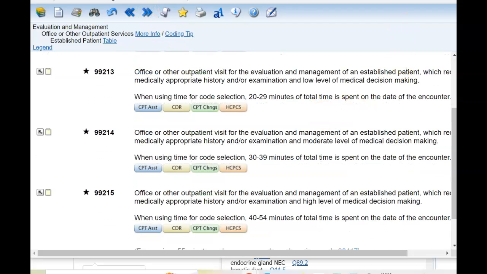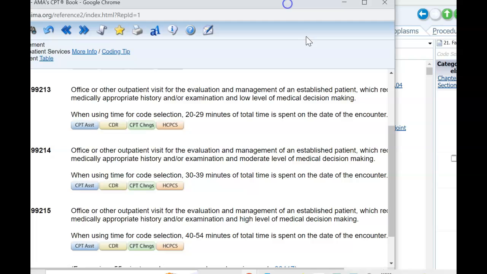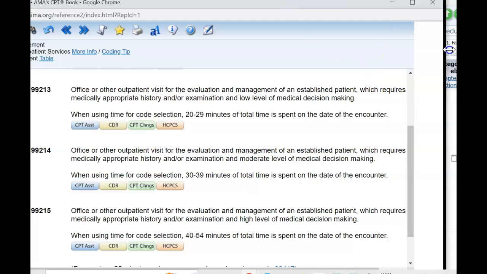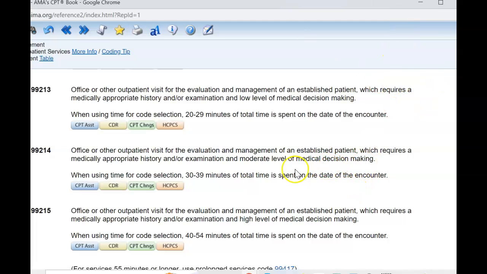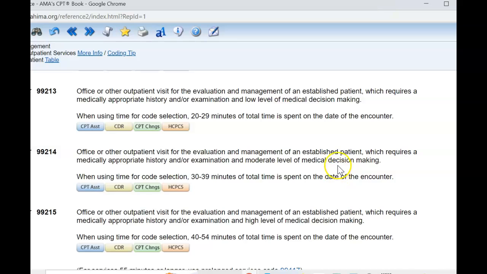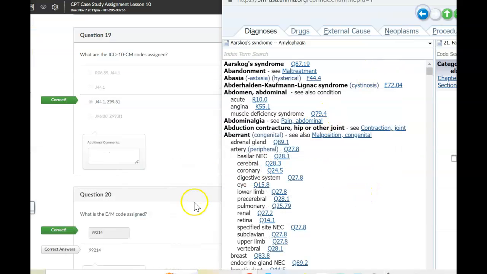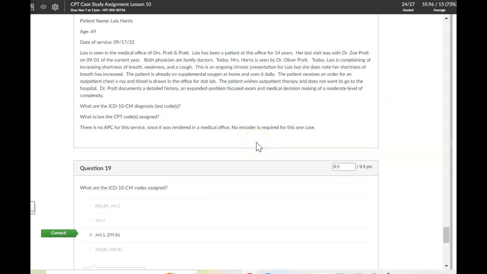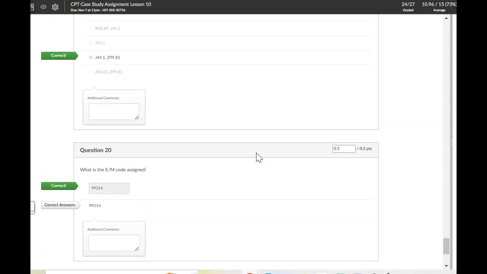With the E&M codes, if they do a medically appropriate history and physical, we go directly from the decision making, which here was moderate. That's why we're going to code the moderate 99214. All right, if anybody has any questions on this assignment, please reach out.